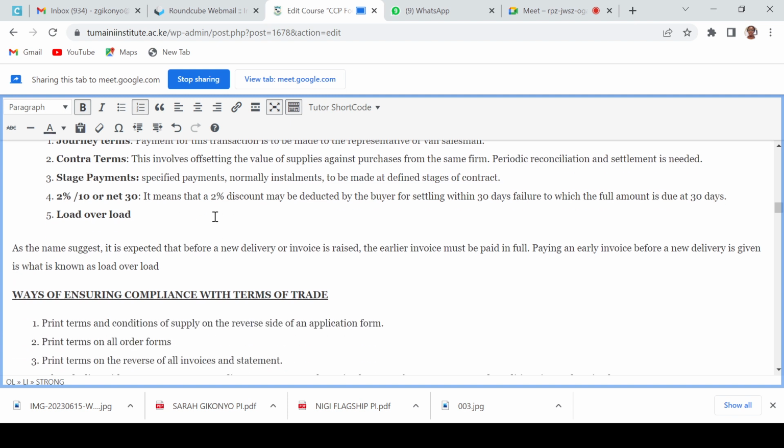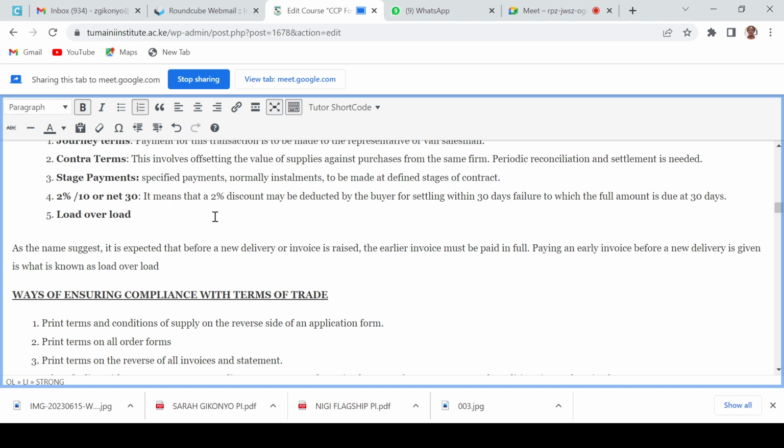And then the other one is what we call load overload. Load, mzigo na mzigo ingine, mzigo juu ya mzigo ingine, load overload. So these terms are common in the oil industry.